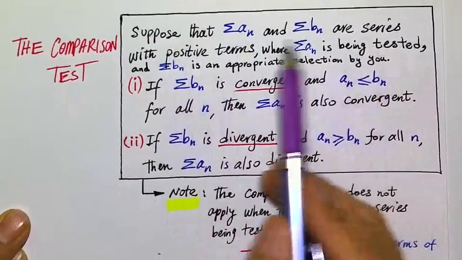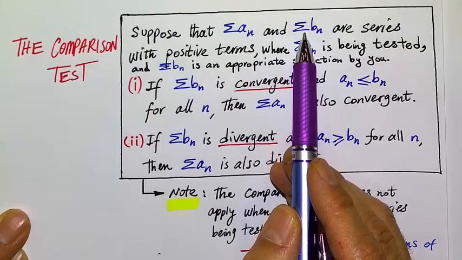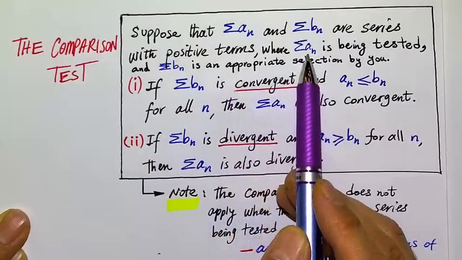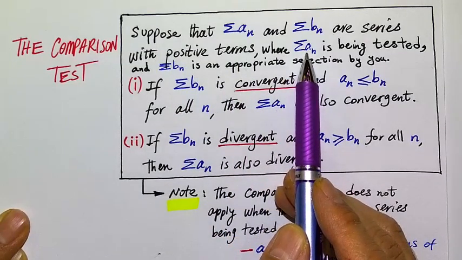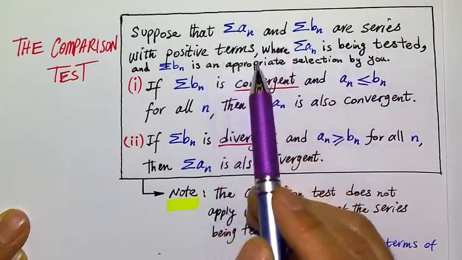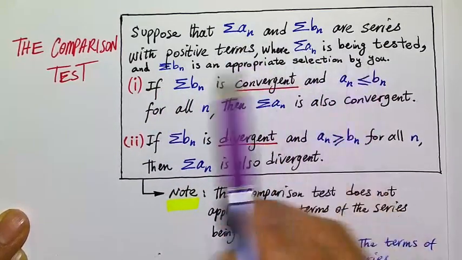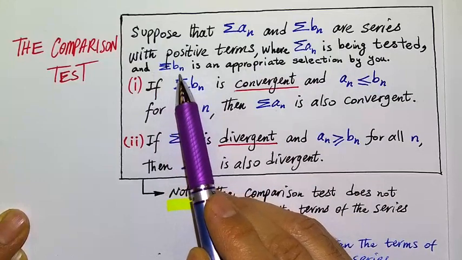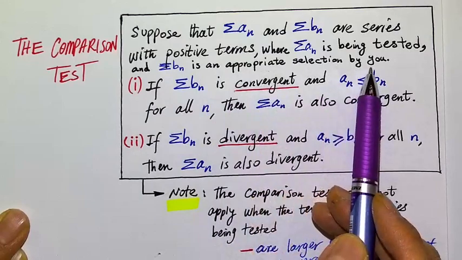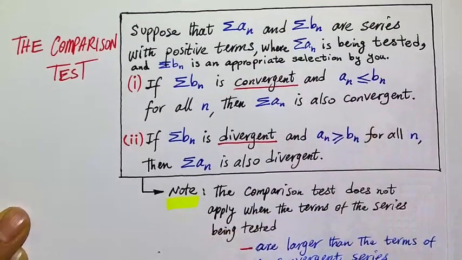So suppose these are the two series, one which is given and being tested, and one which you pick, with positive terms, of course. I'm adding that because in the book there's a little bit of confusion about which is which. So the series a sub n is the series being tested, and the series sigma b sub n is the series that is an appropriate selection by you, which is usually some form of the p-series or a geometric series.